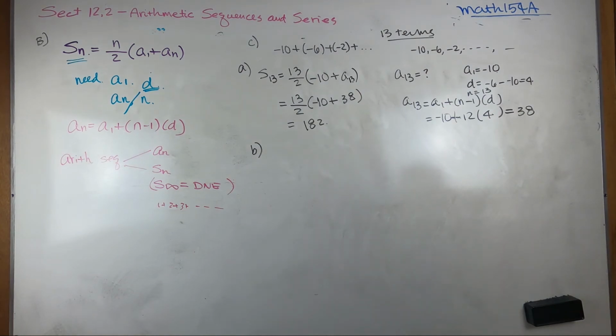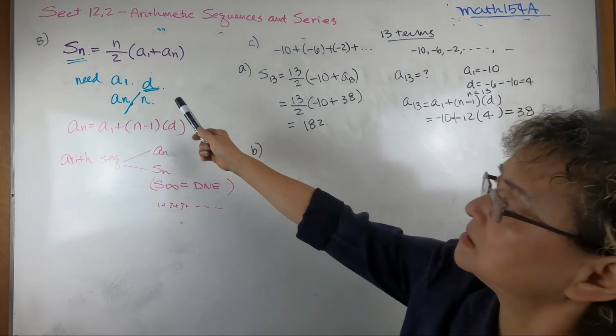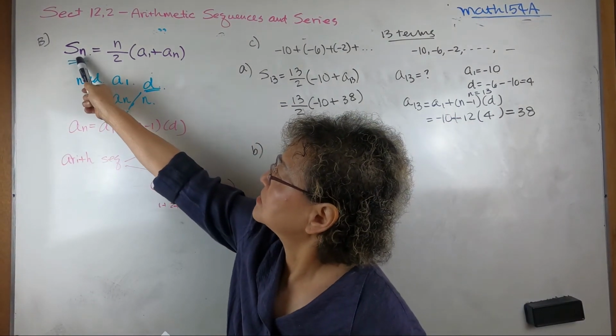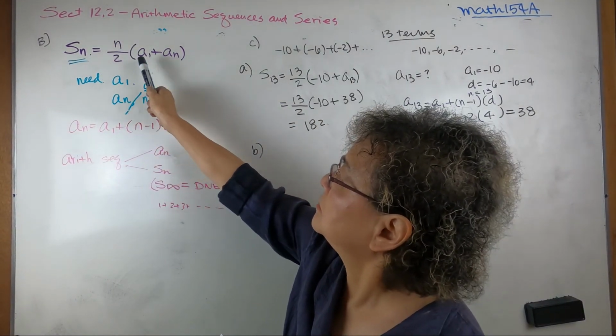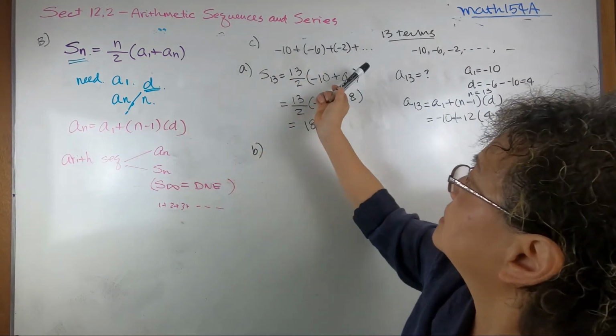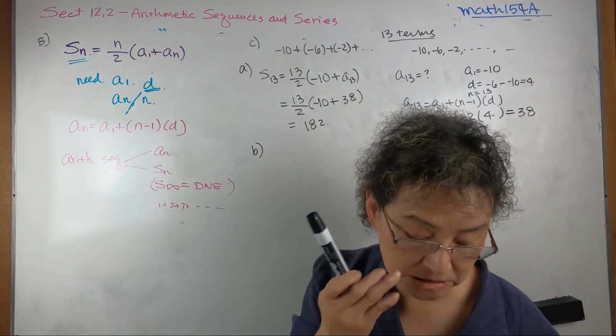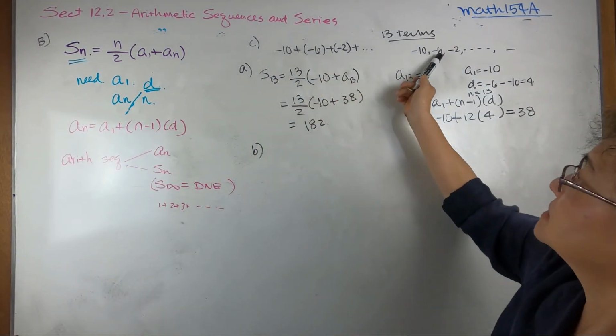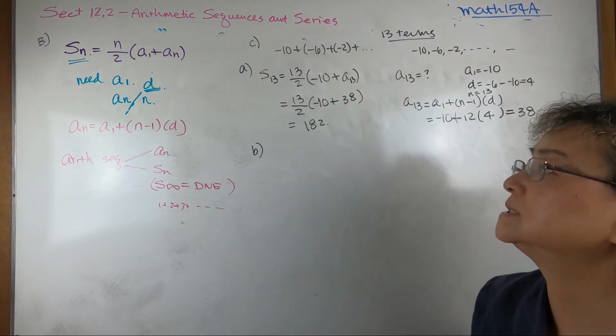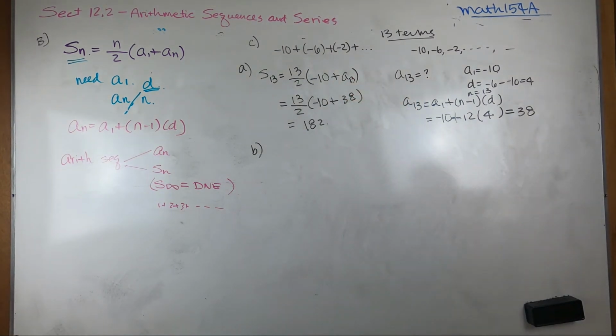So what we have here, right? We find S13. We do have N, we have A1. Then you can find the AN, then you find your 13th term, then you can find your sum, right?